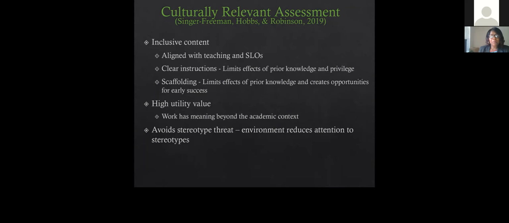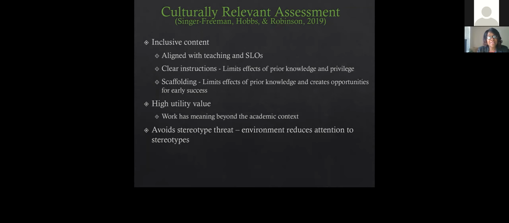What we mean by inclusive content is content that considers assignments that are aligned with teaching and learning. Anytime we test students on information that we have not taught, we are disproportionately harming those students who have less preparation and less confidence.